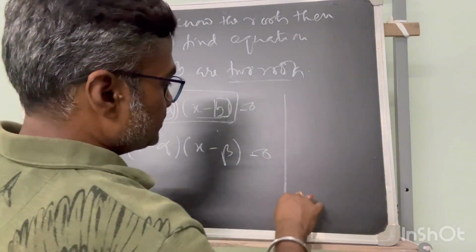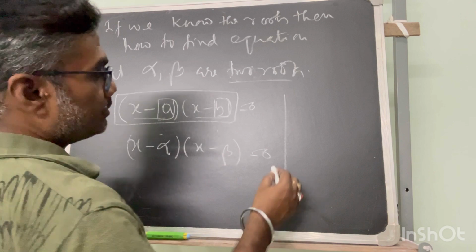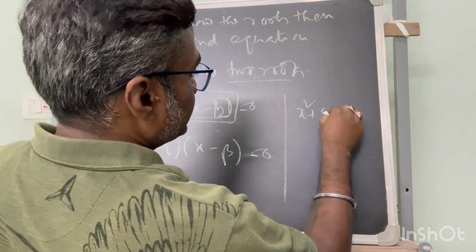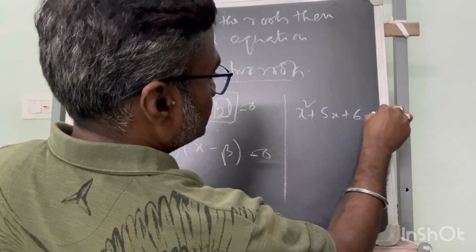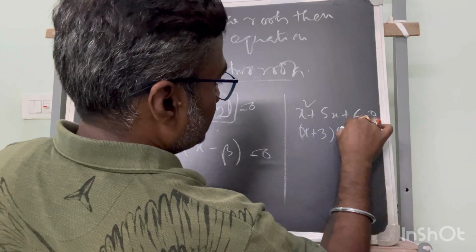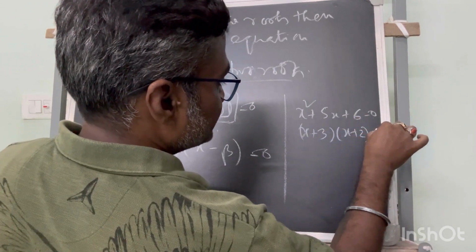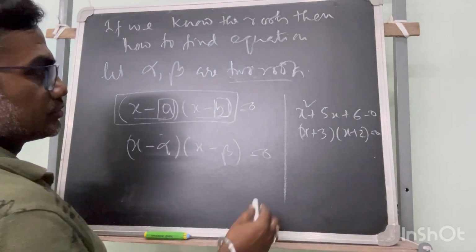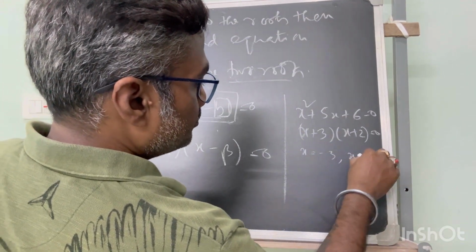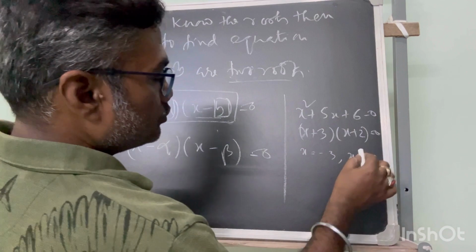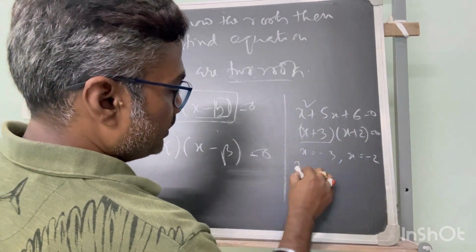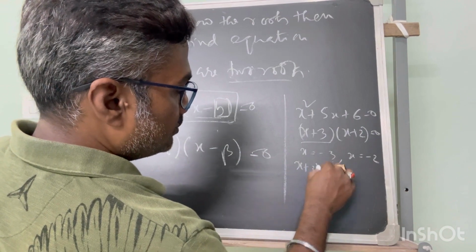Now let me take one example so that you can understand it better. Earlier, in the last class, I took this example. Equal to 0. While transferring it, I have got this as a factor. So now see, x is equal to minus 3 and x is equal to minus 2 are the two roots of this equation, and if I bring it to this side, it will give you the factors.